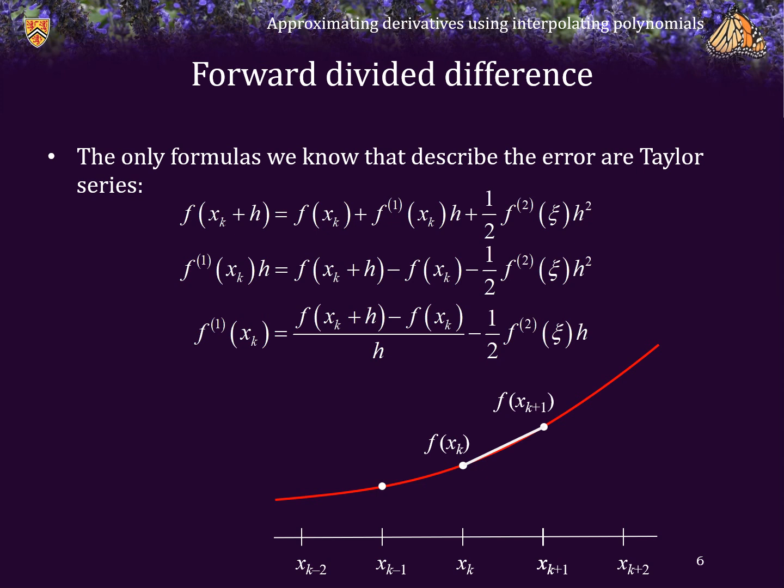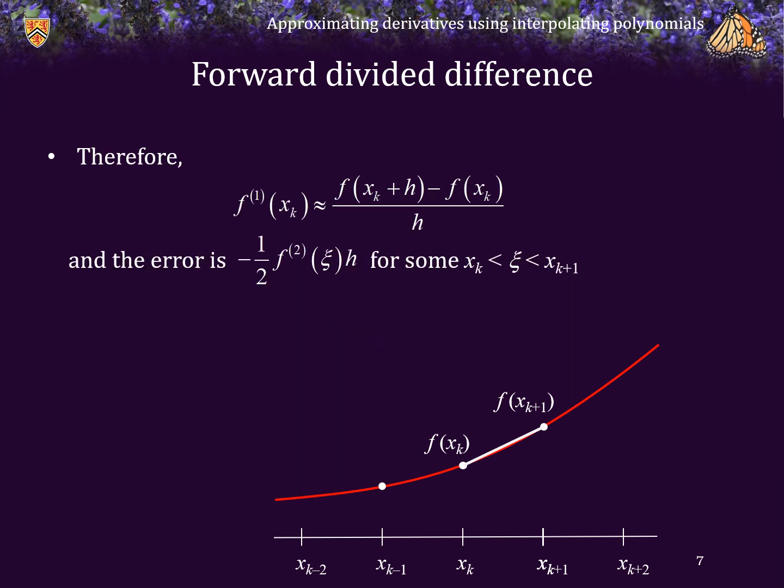And now we have that the derivative at x sub k is equal to this approximation we just calculated with the given error term. Now here, psi is some value between x sub k and x sub k plus h.